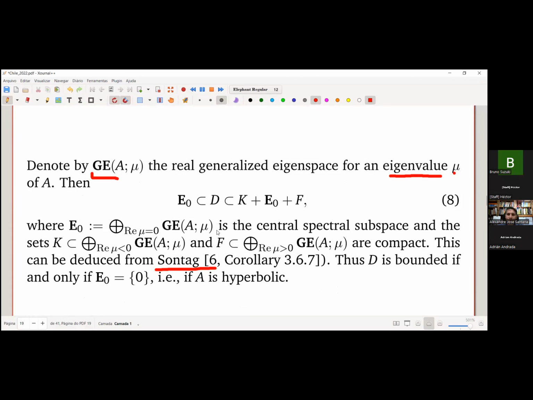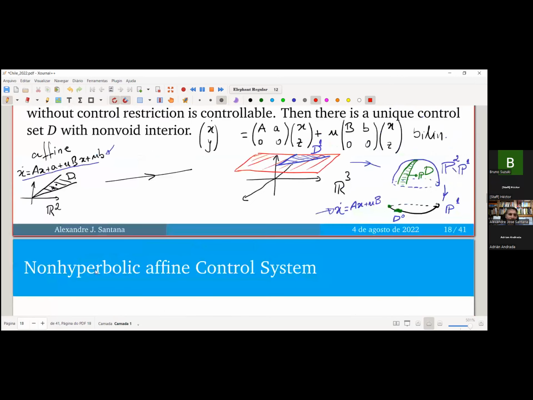But what do we have from this? We have that this control set is bounded if and only if E0 equals 0. I mean, if A is hyperbolic. So this is the idea to take A non-hyperbolic. If the system is non-hyperbolic, then we can prove that the control set is unbounded, and then we can do this.